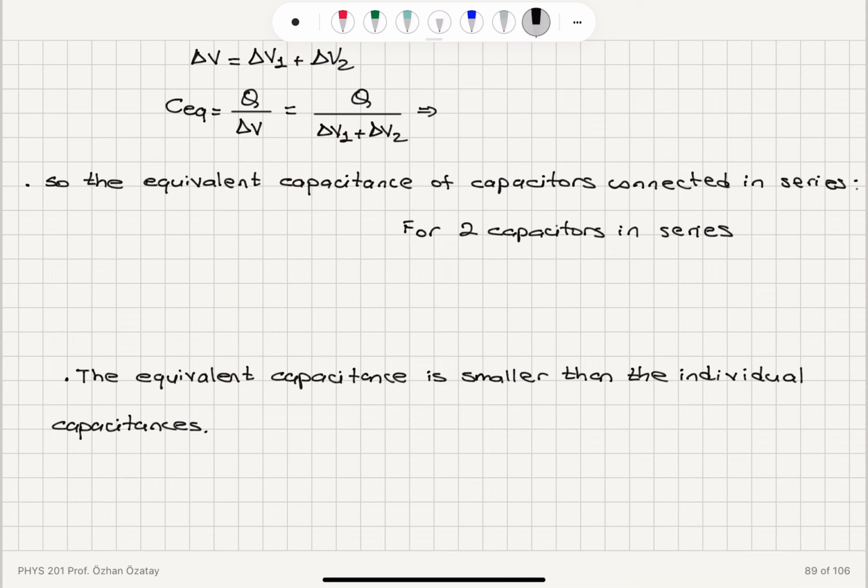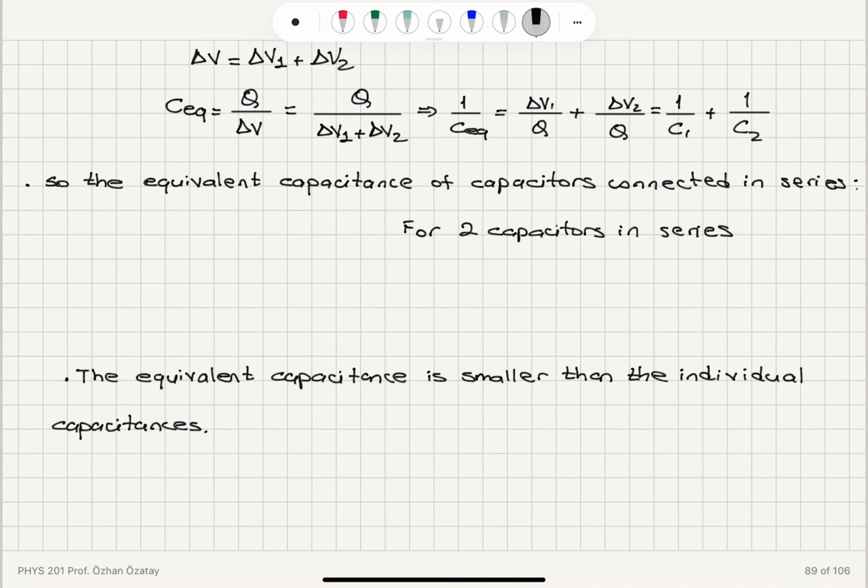Now if I write 1 over C equivalent, this is going to be equal to delta V1 over Q plus delta V2 over Q. And I know that capacitance, the capacity to store charge, is Q divided by delta V. So this is basically 1 over the capacitance C1 plus 1 over the capacitance C2.